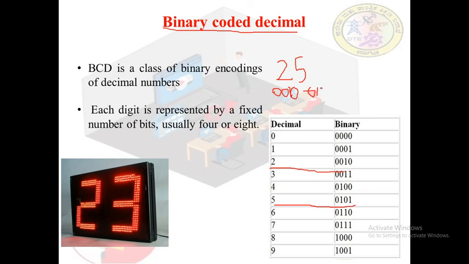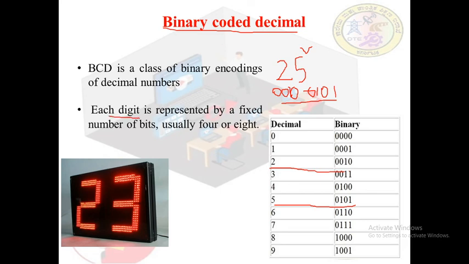So this is the binary coded decimal form of 25, which is not exactly the same as its equivalent binary form, but for faster computation and to light up digital displays, binary coded decimal form is very useful.